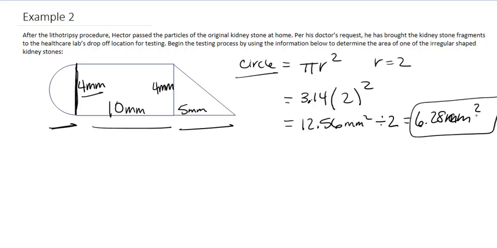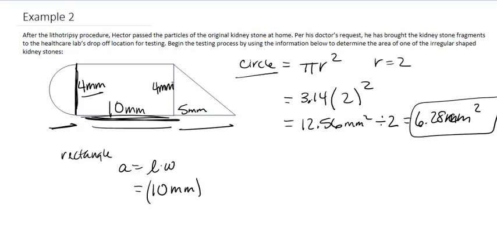So now let's find the area of a rectangle. Area equals length times width. So we know our length, which is right here, is equal to 10 milliliters. And now our width is equal to 4. So 10 times 4 is equal to 40 milliliters squared.